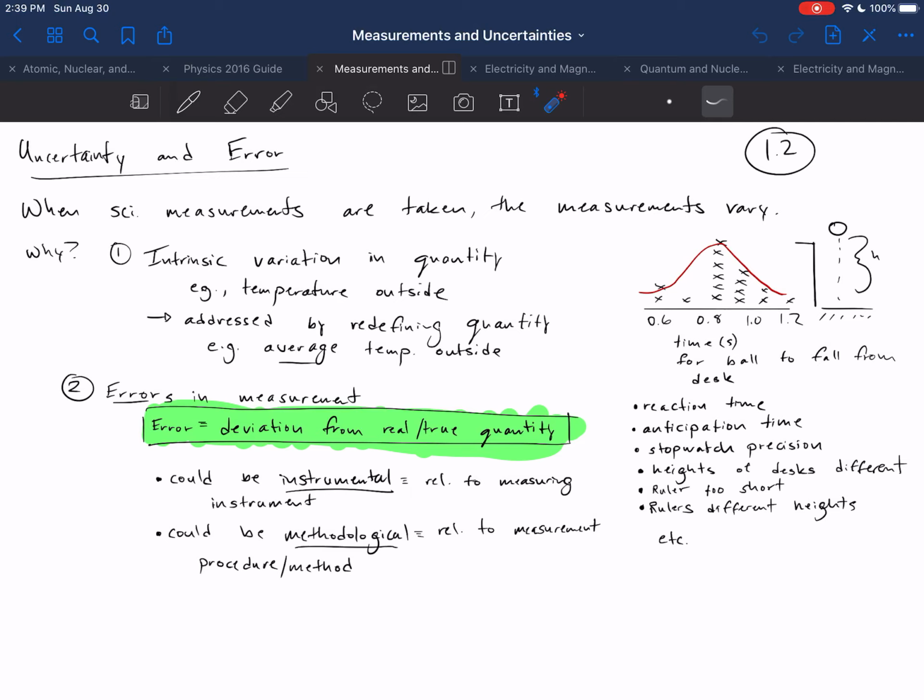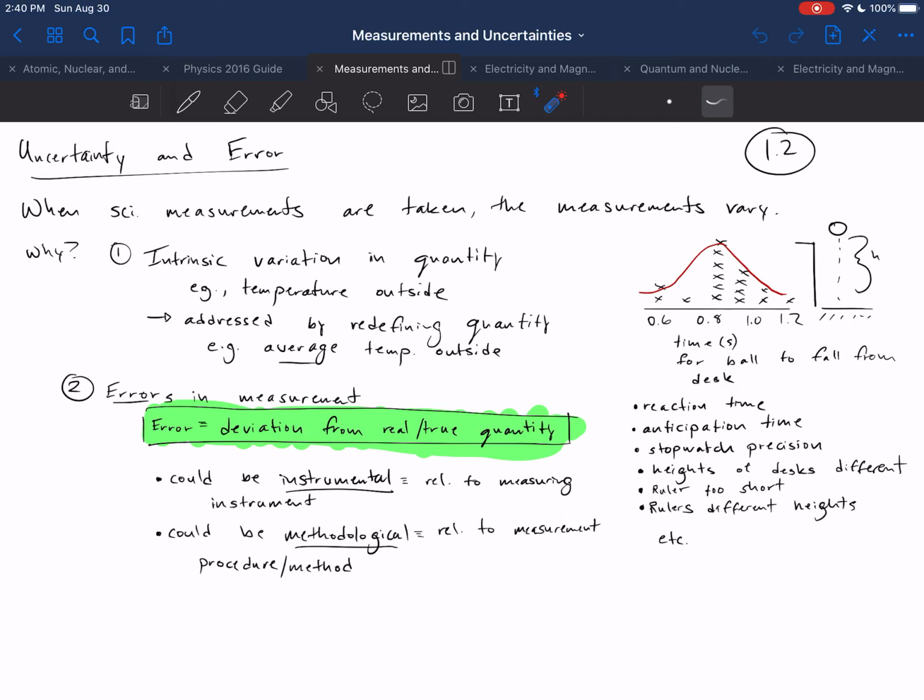But if I asked everyone to take the temperature simply wherever they are, whenever they are, we will get variation in the quantity due to the fact that the actual thing being measured is changing. This is intrinsic variation, and it's important to distinguish it from either uncertainty or error, which we'll get to in a bit.